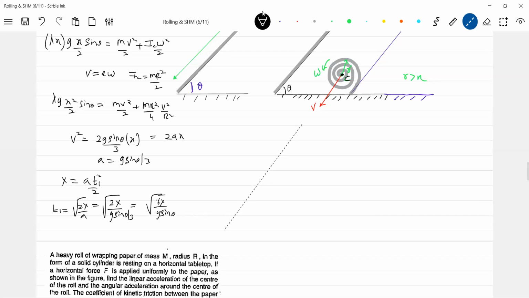This is the inclined plane. Here I'll release a solid cylinder. mg sine theta, friction, alpha AC. For the cylinder, let me call the acceleration AC. The same x length it has to traverse.